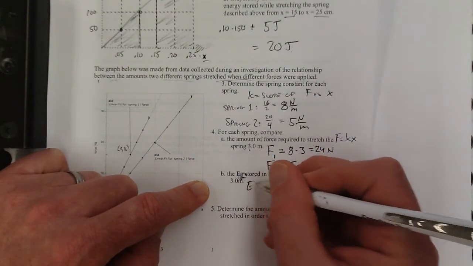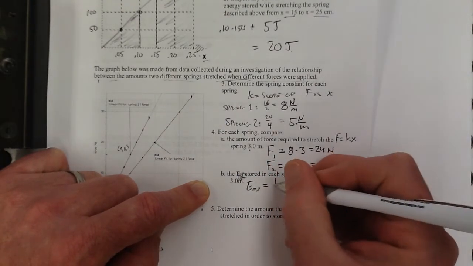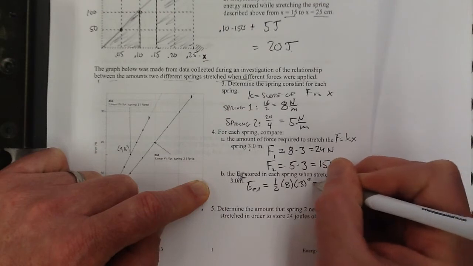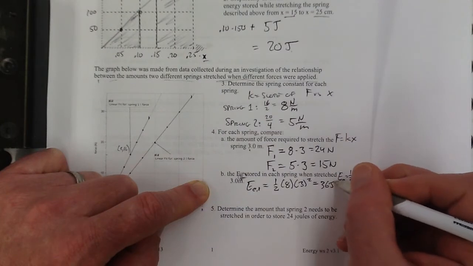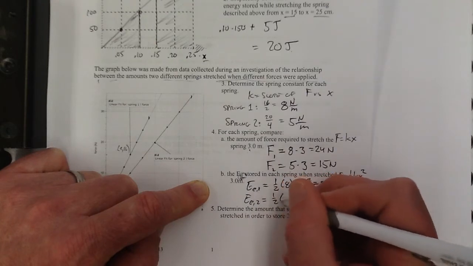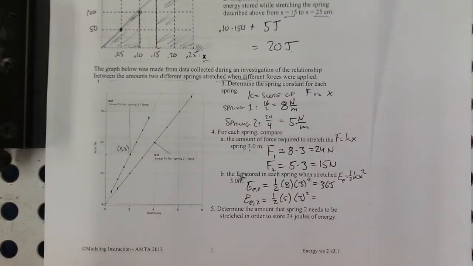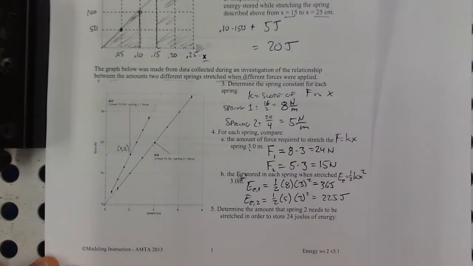So the elastic energy stored in number 1 is 1/2 k times x squared, which is 36 joules. And the energy stored in spring 2 is 1/2 k x squared, which is 22.5 or something. Right.